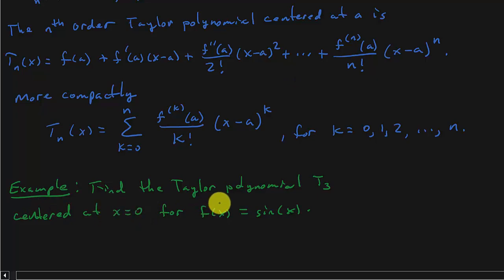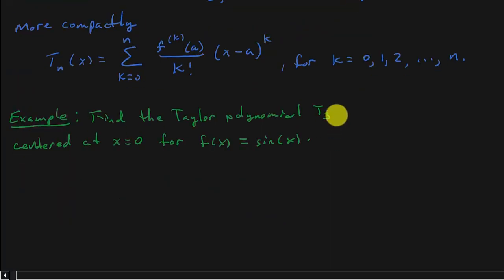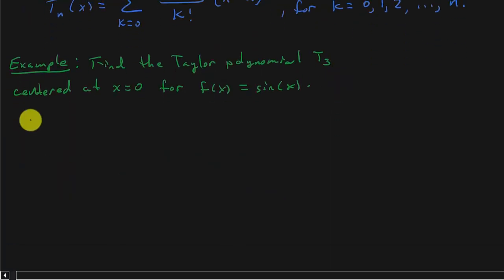It says find the Taylor polynomial T3 centered at x equals 0 for f of x equals sine x. So in this problem, a is equal to 0, and we want to find T3.